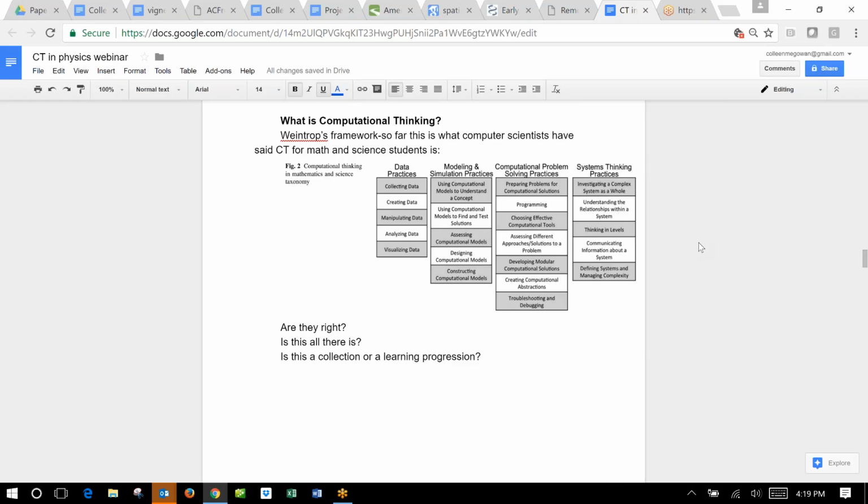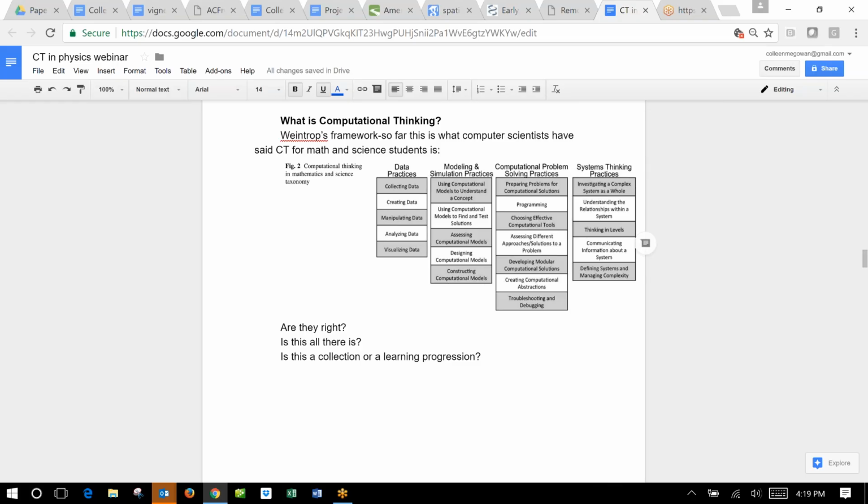So a couple of years ago, a group of computer science education researchers at some university in Chicago made a concerted effort to figure out what computational thinking is, and in particular what it looks like in mathematics and science.